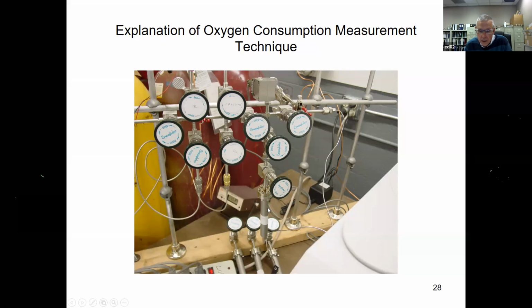And then weeks later, we put it back on the vacuum manifold and measure the change in oxygen partial pressure. And then we also push the gas into the light gas GC and measure the oxygen partial pressure from the light gas analysis.